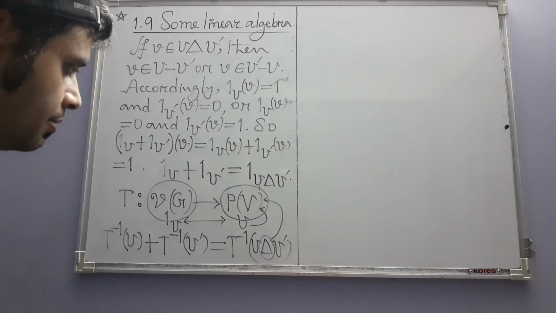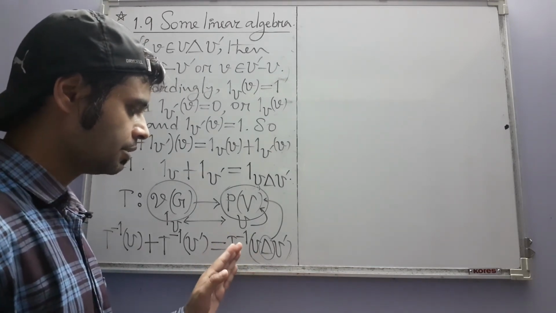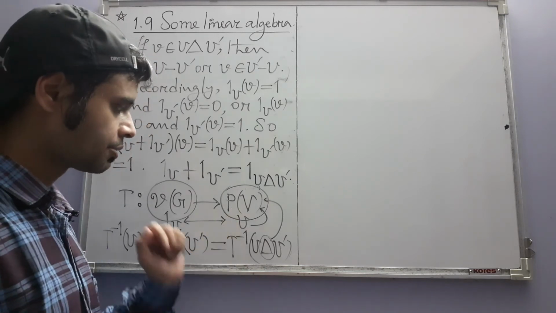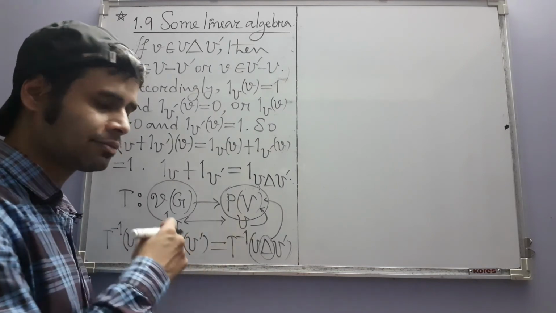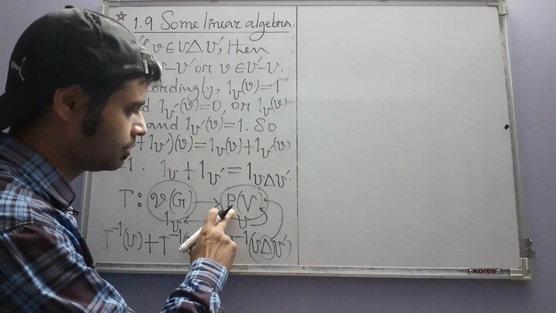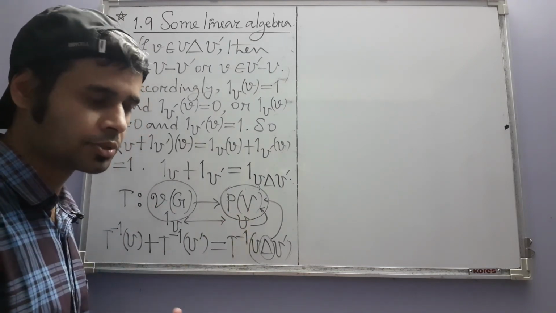Oh, and by the way, what is the zero element here in this vector space P of V? To see the zero element, of course, you do not have to see the full vector space structure. You just need to know the zero element of the group structure.